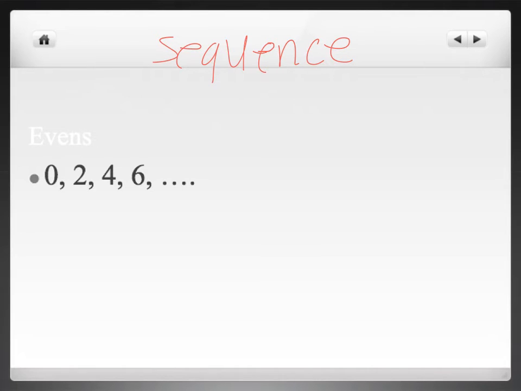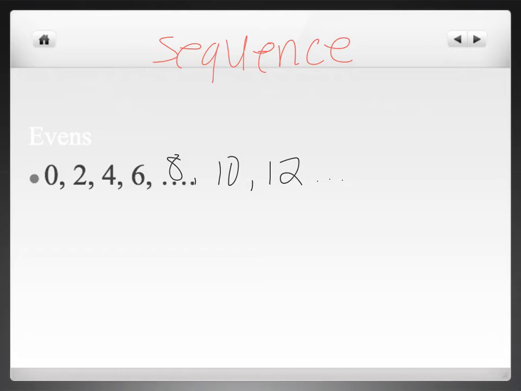Now, as we can tell right here, this is counting by evens. 2, 4, 6. So if I wanted to continue the pattern, I could continue with 8, 10, 12, and so on. Now, how do I know that 8, 10, and 12 are my next numbers?